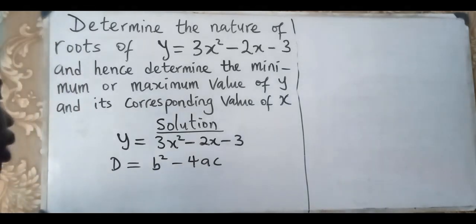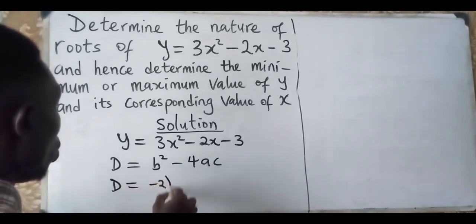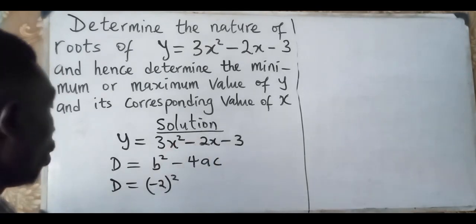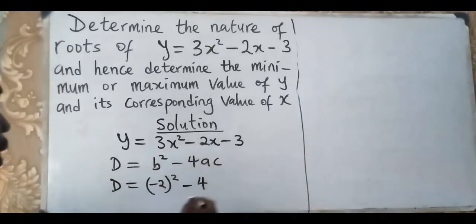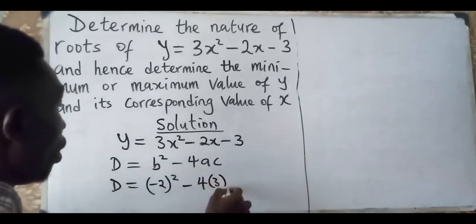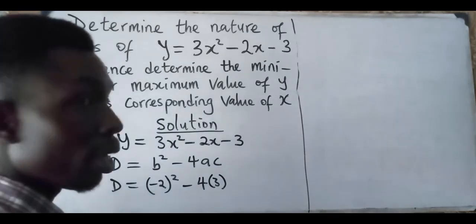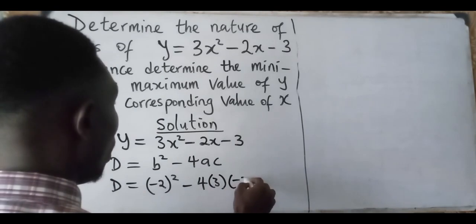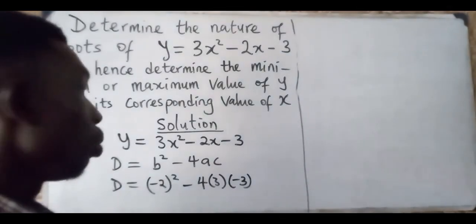So quickly, our b is minus 2, so put that in, minus 2 squared. The coefficient of x is our b. Then minus 4, a is 3, which is the coefficient of x squared. And then our c is minus 3, which is the constant term.